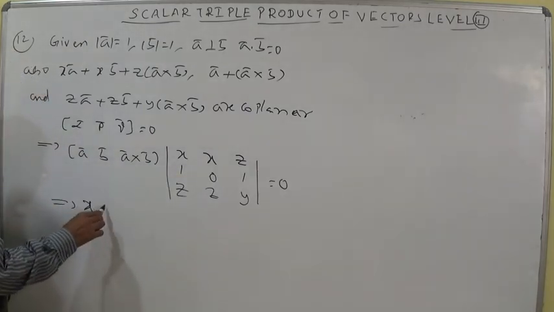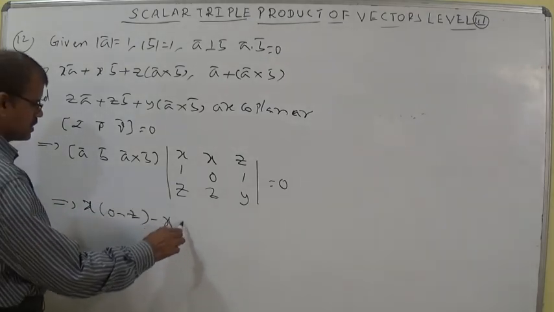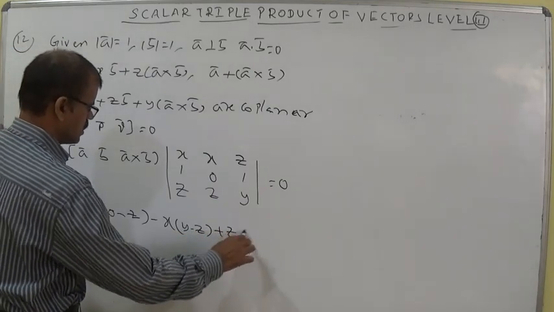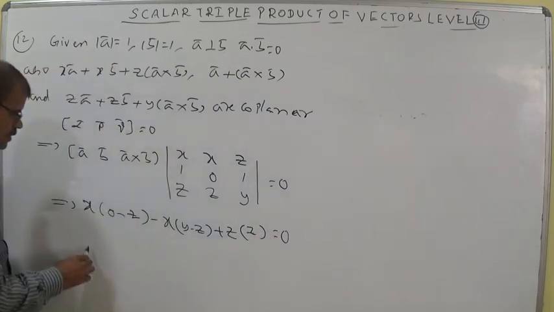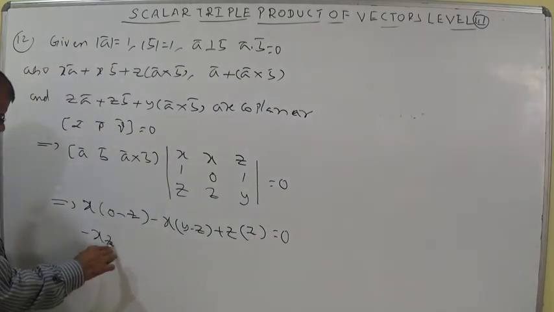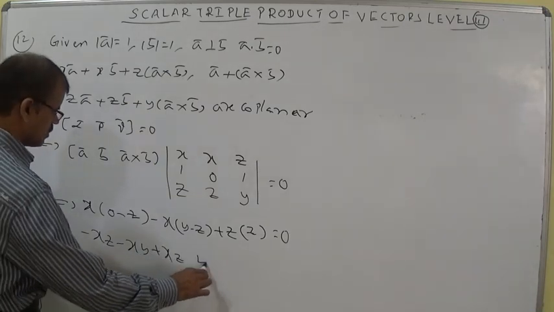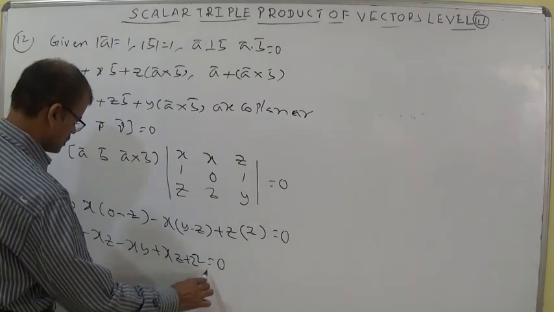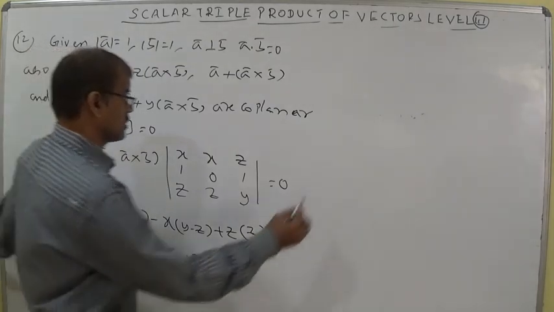So X into 0 minus Z, minus X into Y minus Z, plus Z into Z equal to 0. Here you can write minus XZ minus XY plus XZ plus Z square. Minus XZ plus XZ get cancelled.